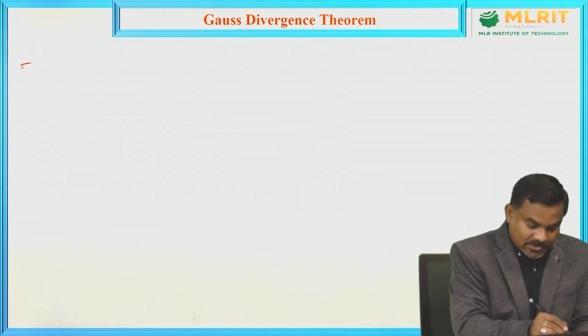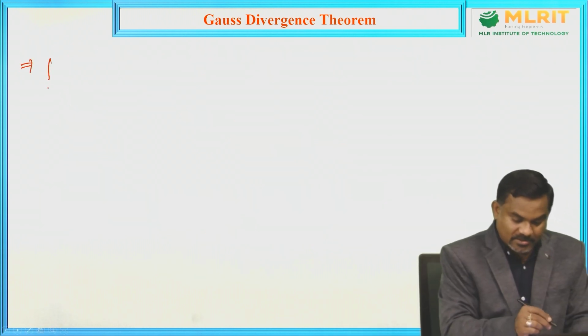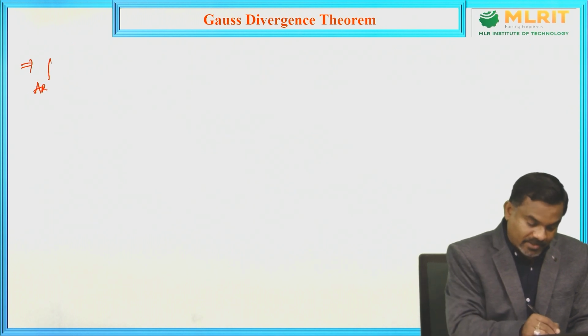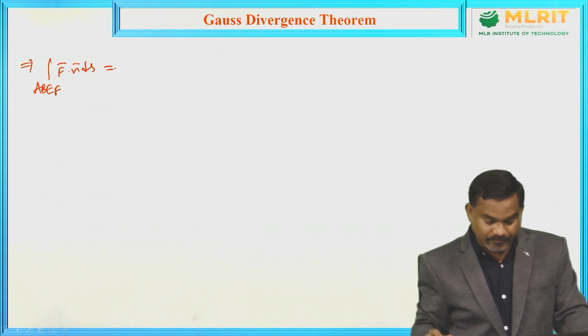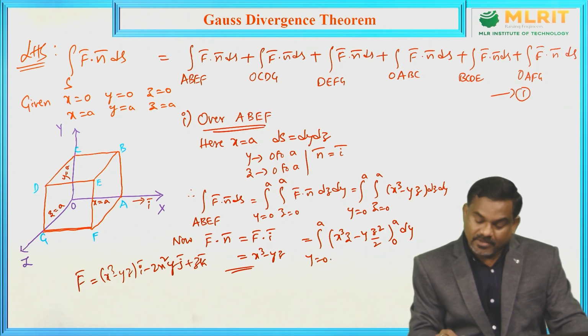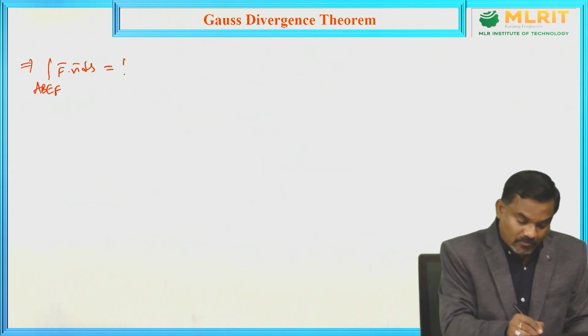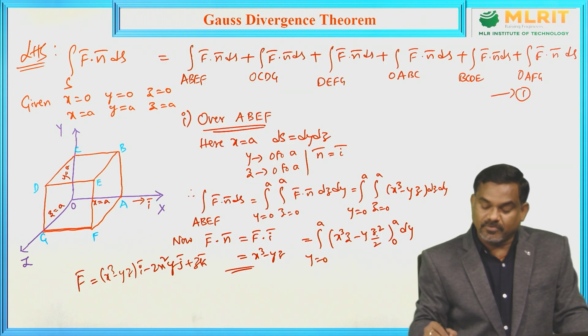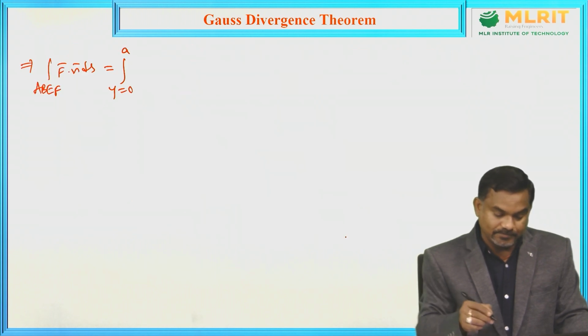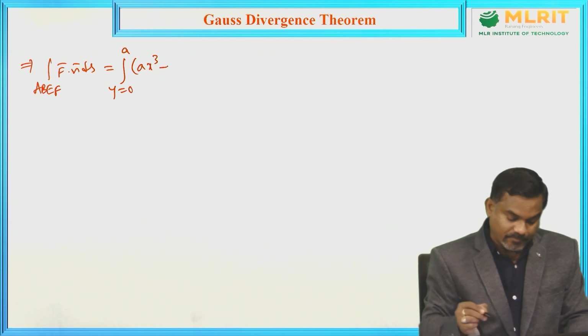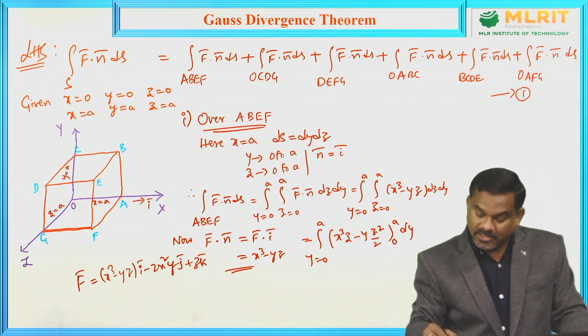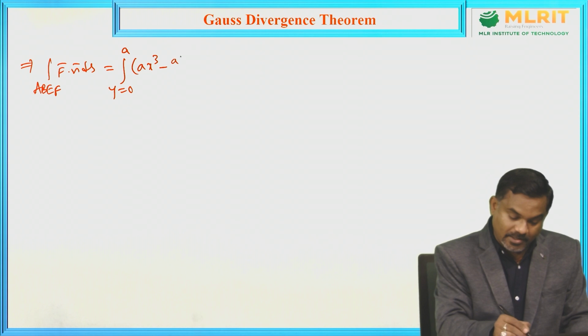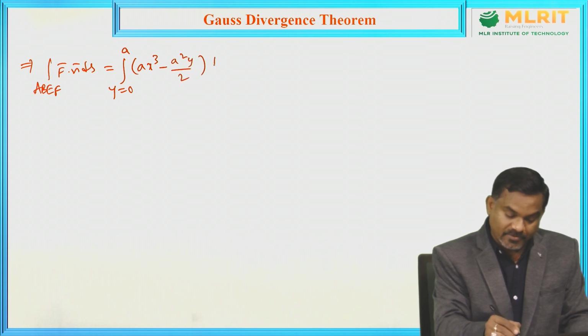So the surface integral over the face ABEF of f bar dot n bar ds is equal to, let us apply the limits. Y from 0 to a. In place of z, we need to substitute the limits. So z equal to a, upper limit is a. So a x cube minus a square y by 2, with respect to y.